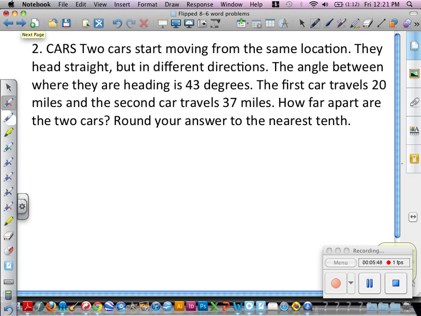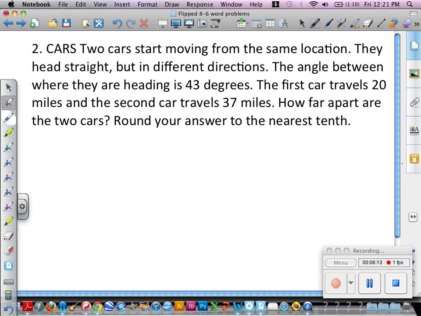Why don't you pause the video and go ahead and try and draw your own triangle after you've read the problem. The problem reads, two cars start moving from the same location. They head straight, but in different directions. The angle between where they are heading is 43 degrees.